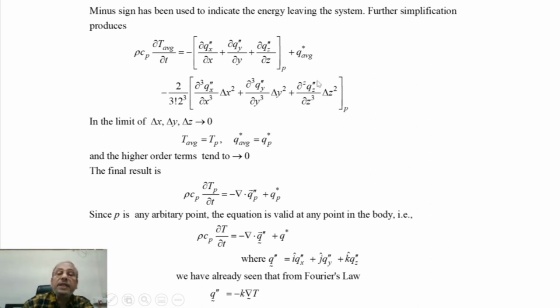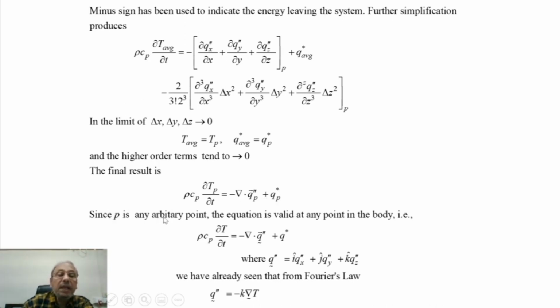So this term will disappear, and T average will be Tp if it shrinks to a point. Q star average will be Qp average, and higher order terms will tend to 0. The final result will be rho Cp del T of Tp equal to minus grad dot Qp double prime plus Q star at point P.